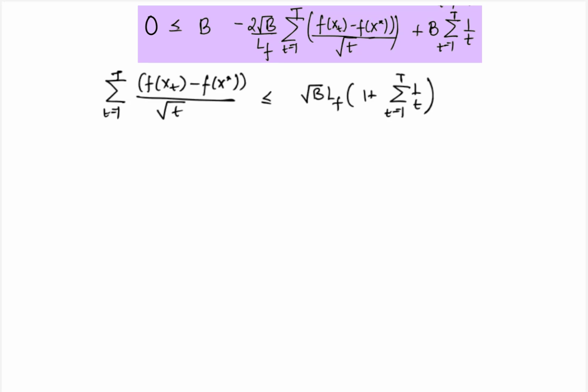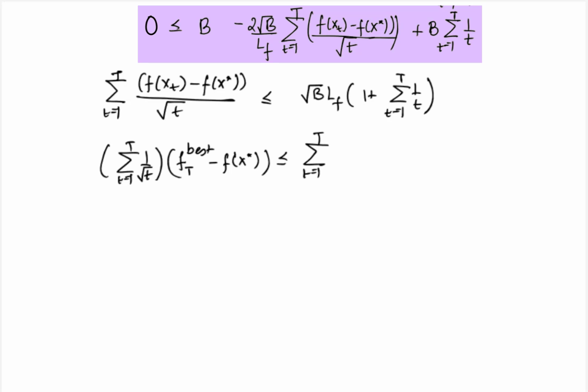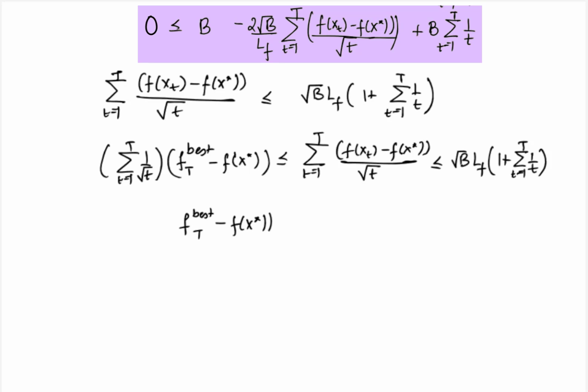We can bound the term on the left hand side by taking the minimum value so that we obtain that summation over t equal to 1 to capital T of 1 by square root t times f best of capital T minus f of x star is less than or equal to summation over t equal to 1 to capital T f of xt minus f of x star divided by square root t, which is less than or equal to square root b into lf times 1 plus summation over t equal to 1 to capital T of 1 over t, so that we obtain f best of T minus f of x star is less than or equal to square root b lf times 1 plus summation of 1 by t divided by summation of 1 by square root t.